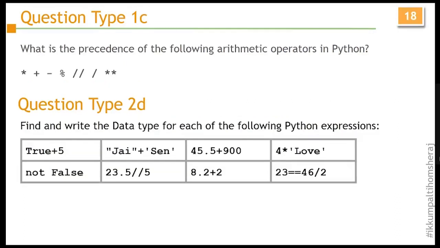Another kind of question which we can think of framing is, what is the precedence of the following arithmetic operators in Python? So you can list down the operators you are mentioning, and they can just put them in order and show it to you. But while putting them in order, you have to tell them that some of the operators carry equal place, like plus and minus will carry the same position in the precedence.